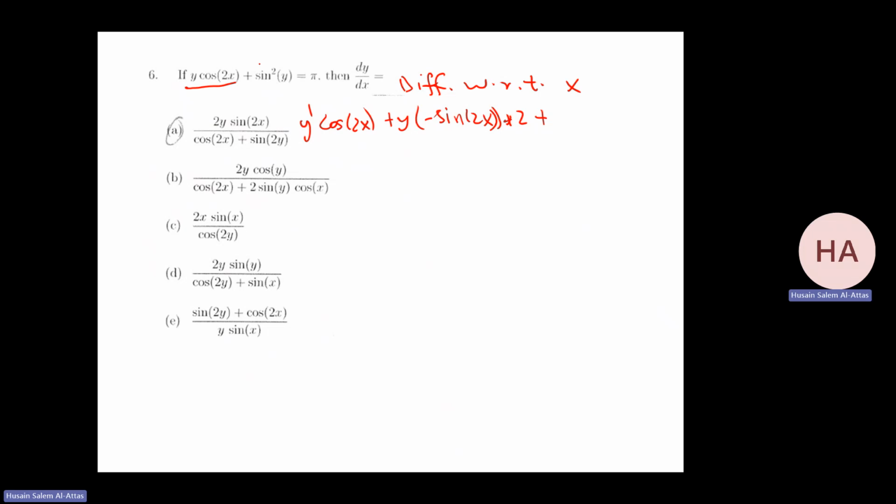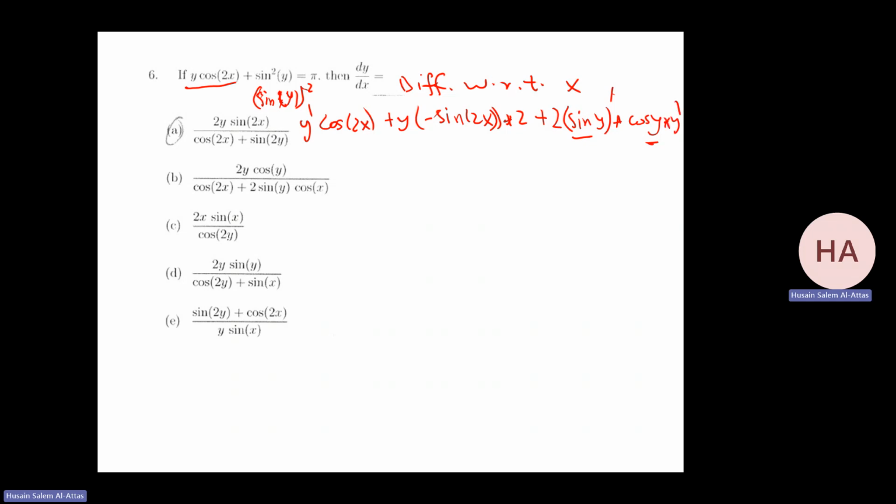Be careful here. I have something squared. You can think of it as sine of y all squared. So it will be 2 sine of y to the power 1, derivative of this, cosine y, and the derivative of this, which is y prime.